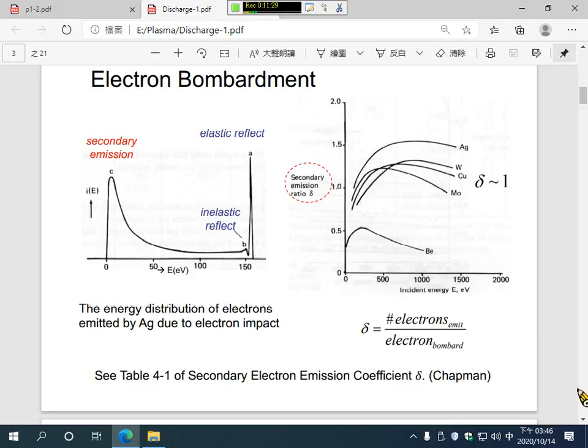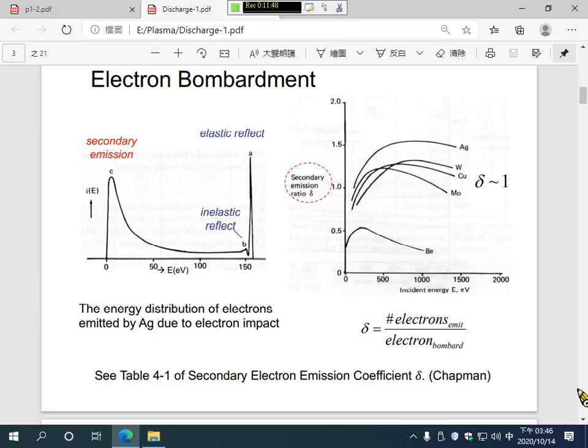Okay, and there is another X and Y scanning circuit, so that the beam can scan to different locations.